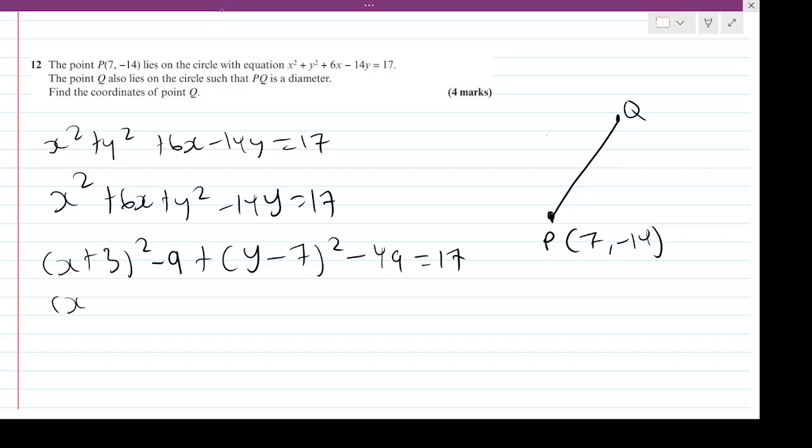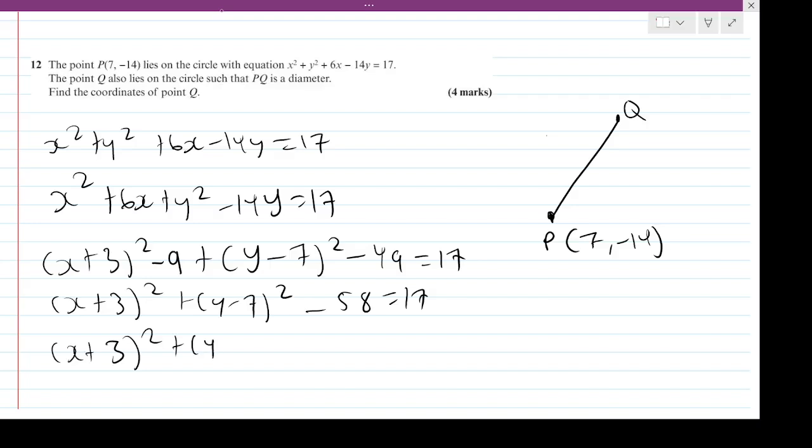Then we can add the numbers together: (x plus 3) squared plus (y minus 7) squared, then minus 9 minus 49 equals minus 58, equals 17. So therefore (x plus 3) squared plus (y minus 7) squared is equal to 17 add 58, and that's 75. Cool.